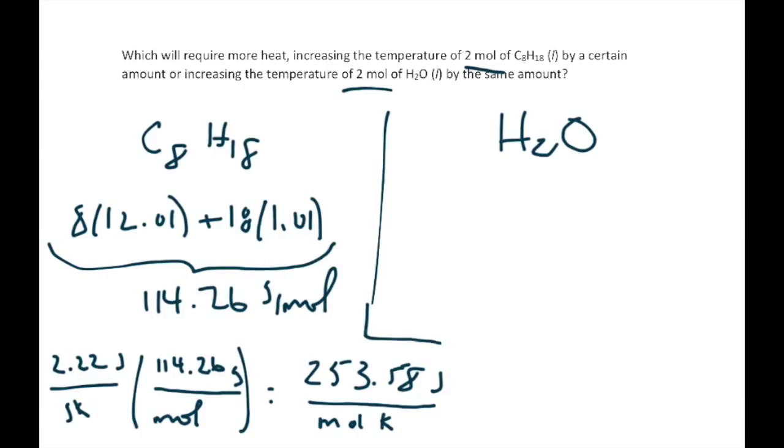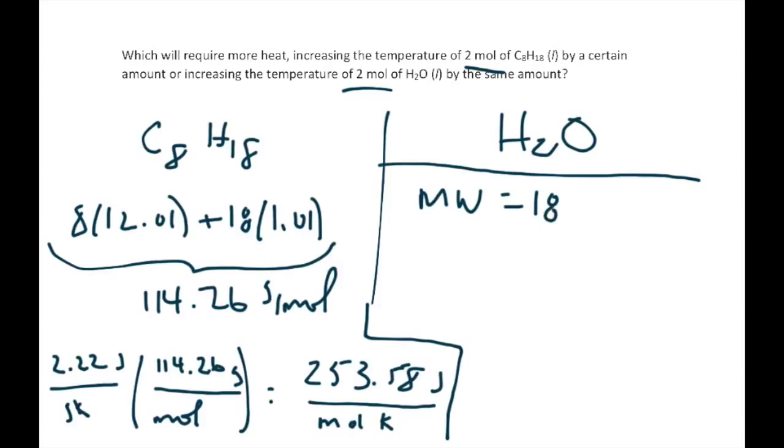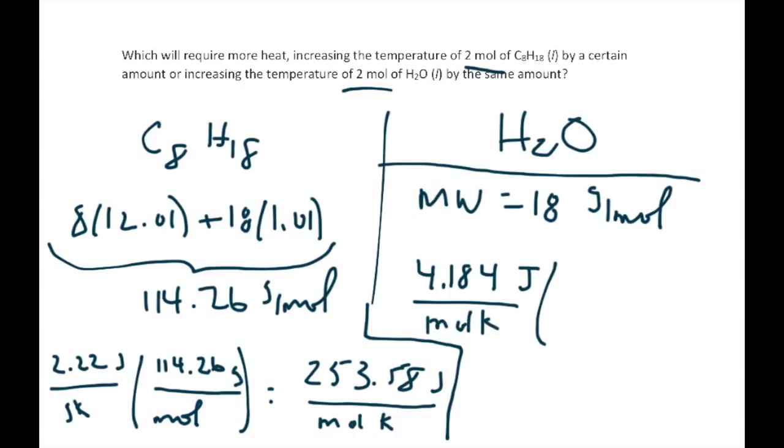So now we are going to do the same process to determine water's molar heat capacity. So the molecular weight for water is 18 grams per mole. And so as before, now this is a constant you should have memorized by now, 4.184 joules per gram Kelvin of water multiplied by 18 grams per 1 mole.